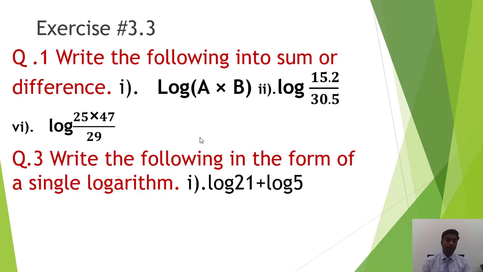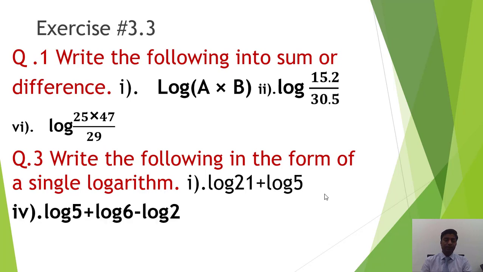Question number 3. Write the following in the form of a single logarithm. Part 1. Log 21 plus log 5. The sum of two logarithms can be written as the log of product of two numbers. Part 4. Log 5 plus log 6 minus log 2.